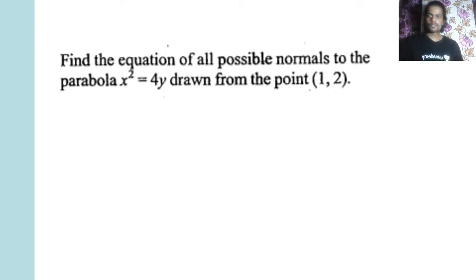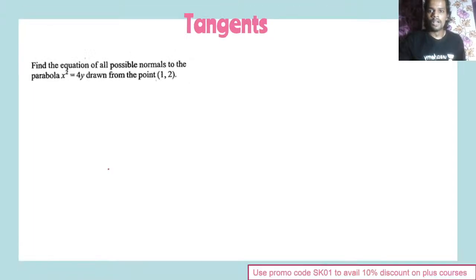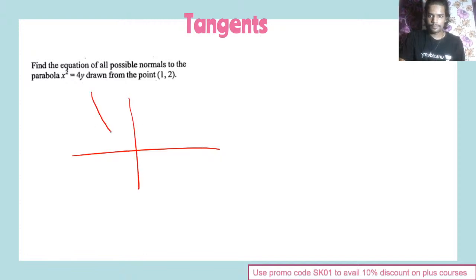So basically you have to find the equation of all normals to the curve drawn from the point (1, 2). Now it is really easy to check that the point (1, 2) does not lie on the parabola. If you put (1, 2), the equation won't satisfy. It means that the point is not on the curve, it is external. So the graph of x² = 4y is something like this, and we have (1, 2) somewhere here.